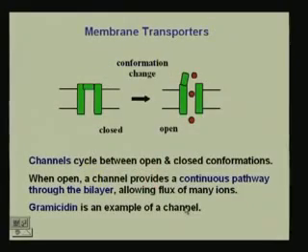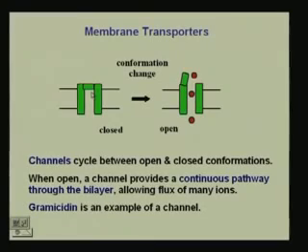Now, we look at ion channels. Ion channels are basically openings, but these are also sometimes what are called gated ion channels. Gated means basically it has a gate. Okay? So, it opens and closes depending on concentration differences inside the cell and outside the cell.